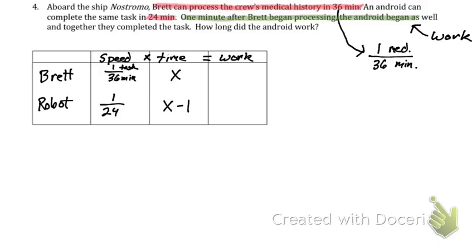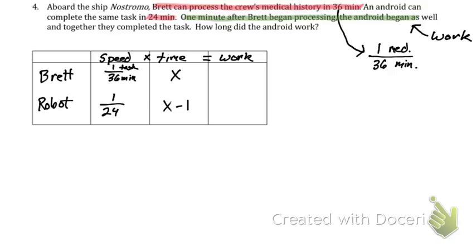Some of you may do it this way. Both ways will get you the same answer. You can also say if the android works X minutes, then Brett worked X plus 1 minutes. As long as somehow you show me that the android works 1 minute less. Both ways do it. I always do it with the subtraction. Some people always do it with the addition.